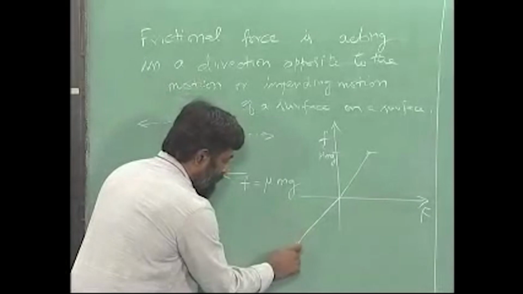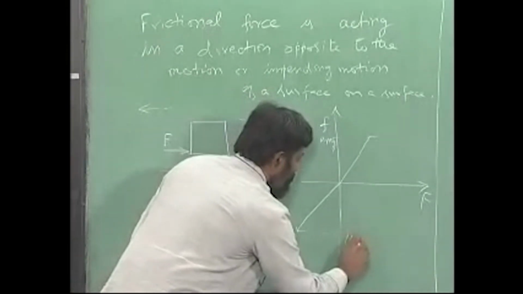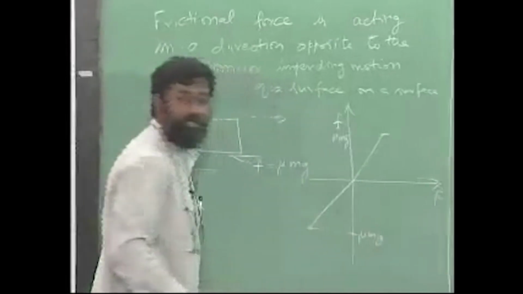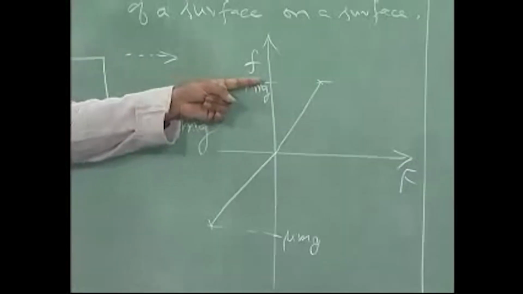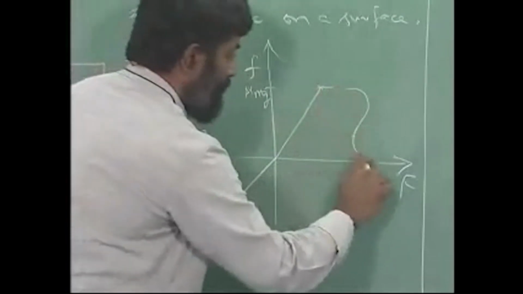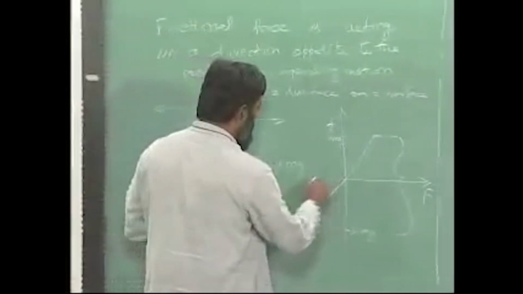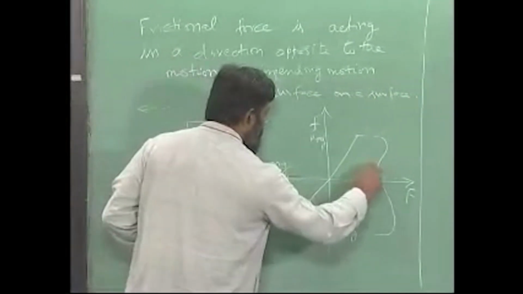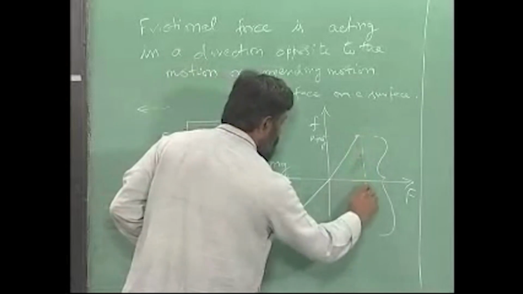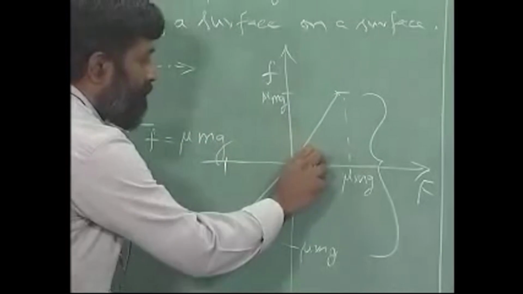Again, when it reaches a particular point, mu mg, in this case minus mu mg, it will not be moving. So, between this and this region, if I have this value and this value specified, this is mu times mg, the reason is this is at a 45-degree angle.